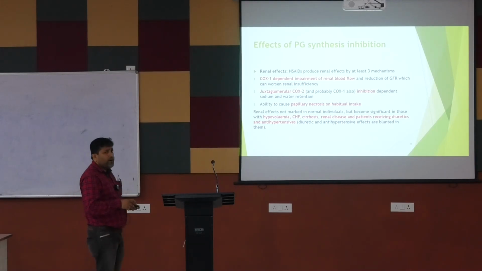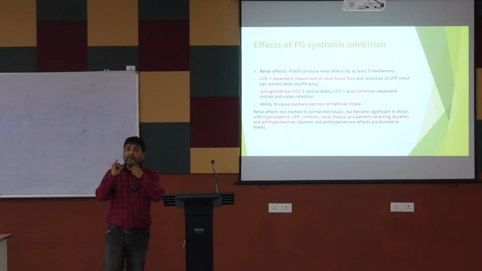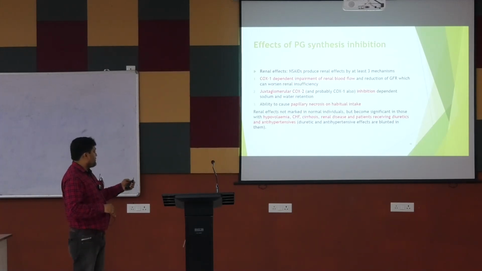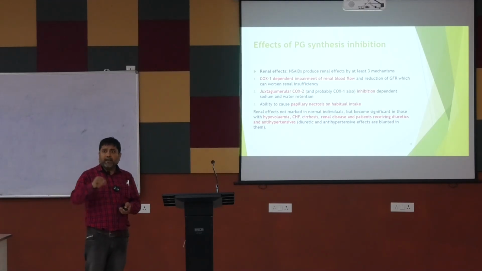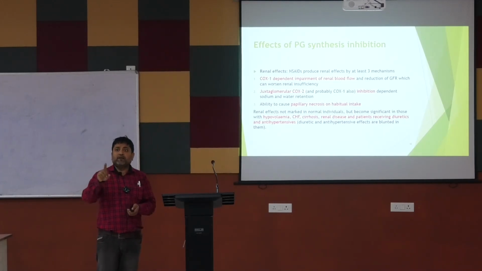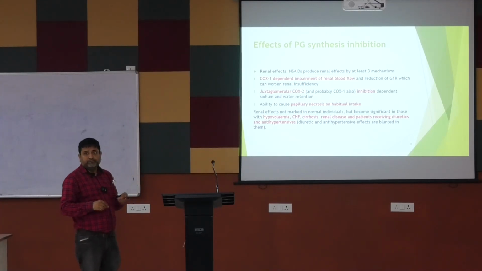Renal effects are not marked in the normal individual, but they are seen in the patient with hypovolemia, in renal disease patients, in congestive heart failure, in the cirrhotic patient, or patient receiving diuretic and antihypertensive. A patient on diuretic, on antihypertensive, if NSAID is used, their effects are blunted. Why? Because that is causing salt and water retention.